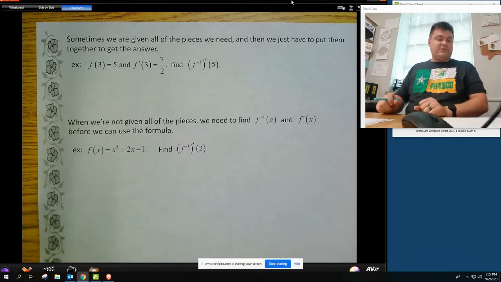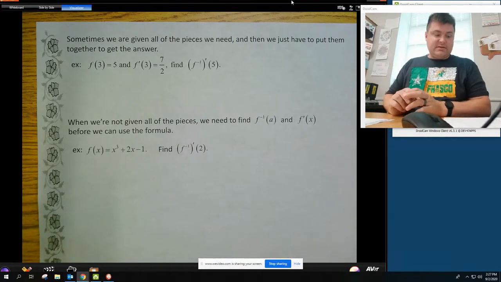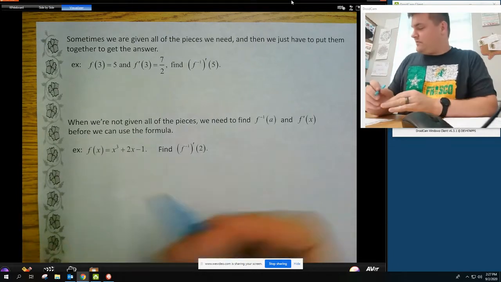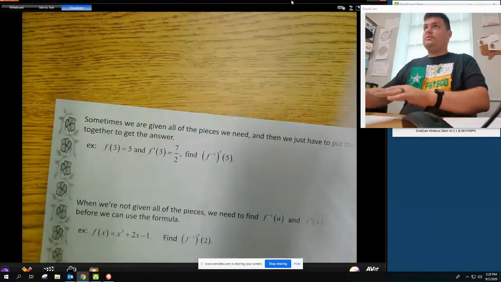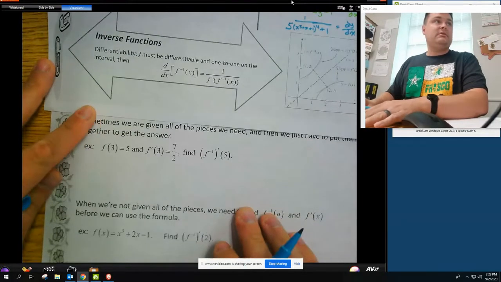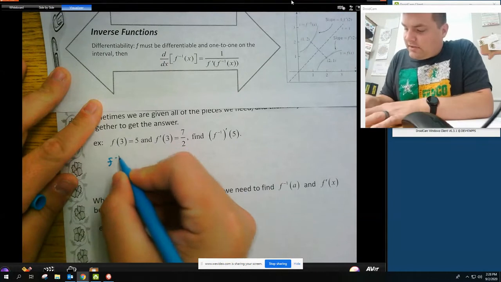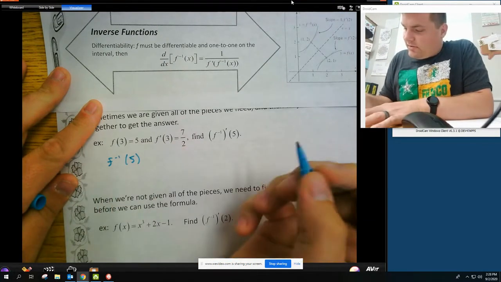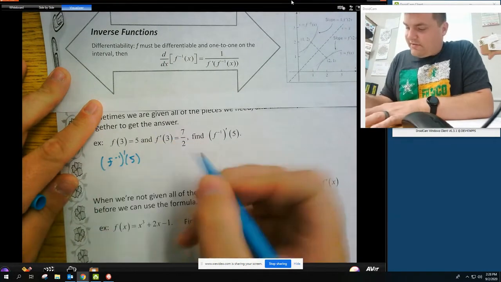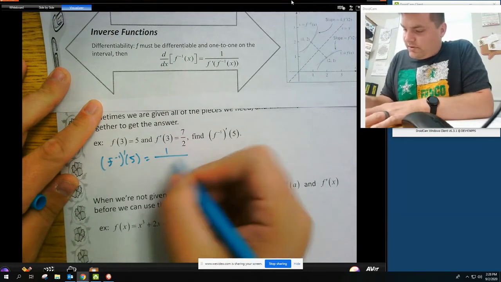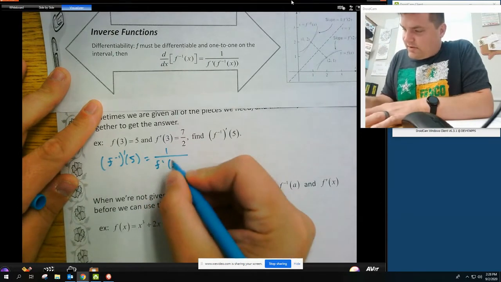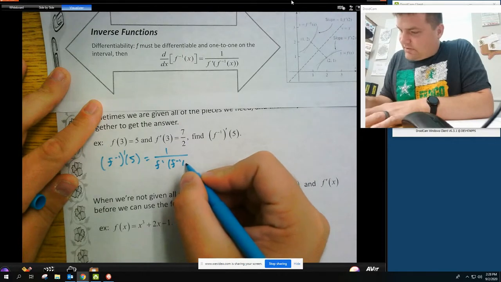Okay, so what you're going to do for this is, well, first off, what's the formula? And if you don't remember, it's right up here. So to find the derivative of this, it's going to be 1 over f prime of the inverse of 5.